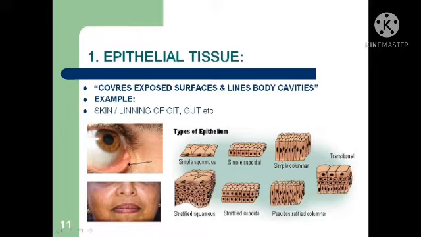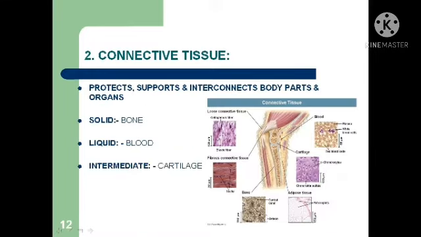That is, for example, the skin and the lining of the GIT, the gut, and the other mucosa. Connective tissue protects, supports, and interconnects the body parts and organs.